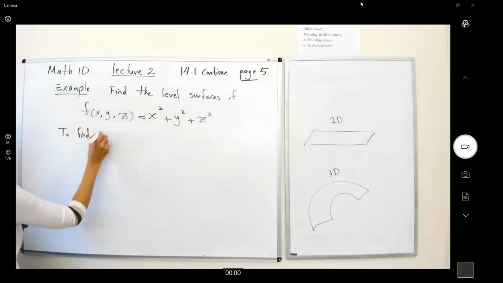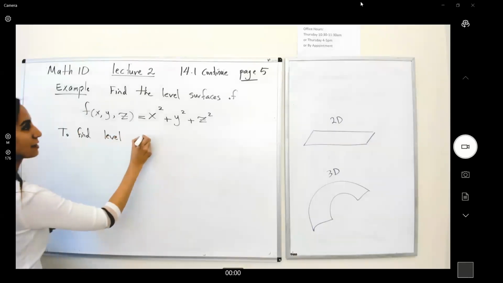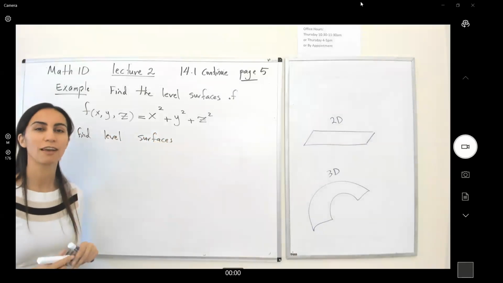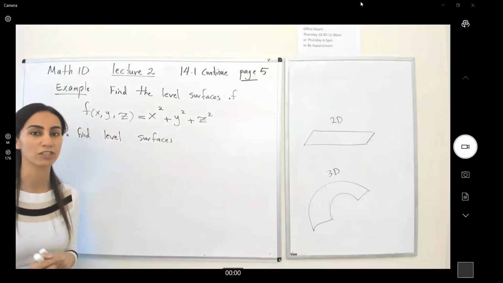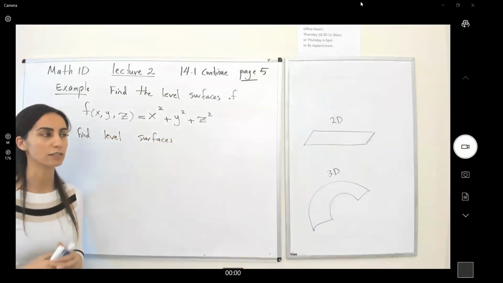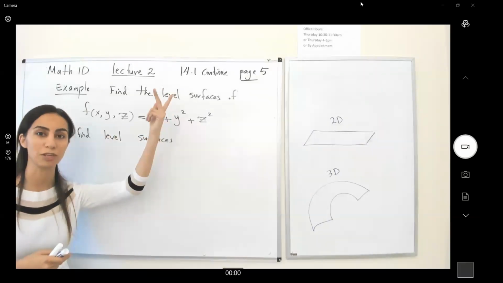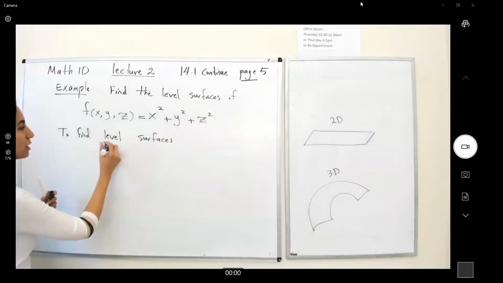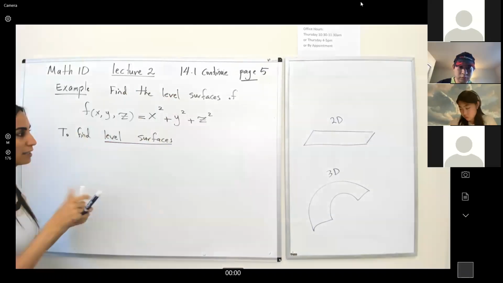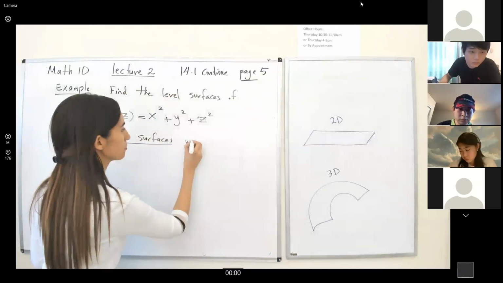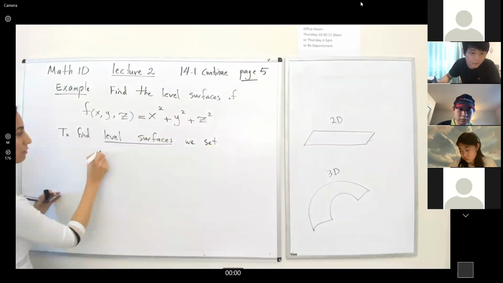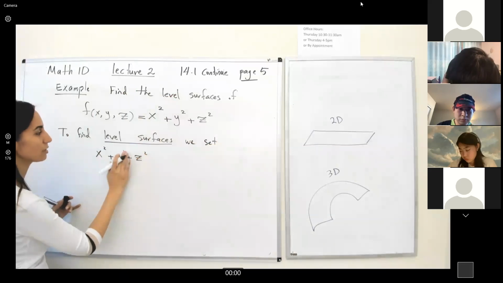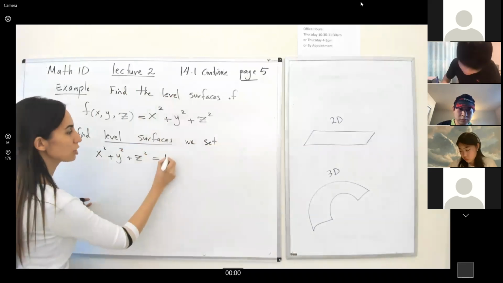To find level surfaces, guys, we are working with level surfaces, not level curves. If you say, hey, I have level curves, it means that you are working in 2-dimensional space, not 3-dimensional space. To find level surfaces, we set the function, which is x squared plus y squared plus z squared, equal to k.